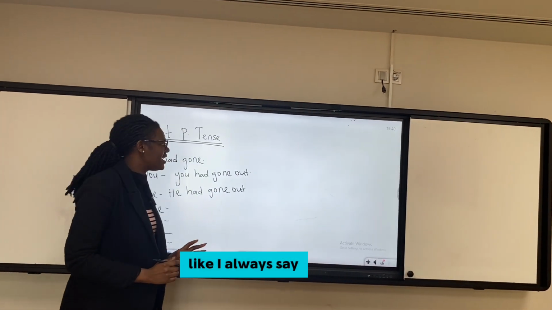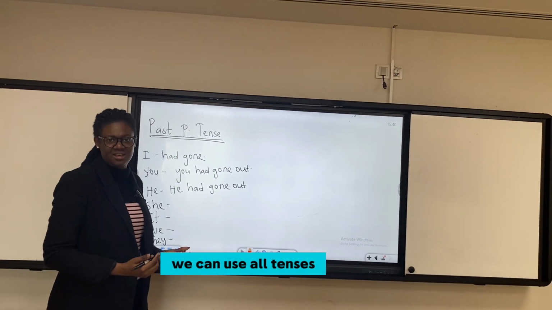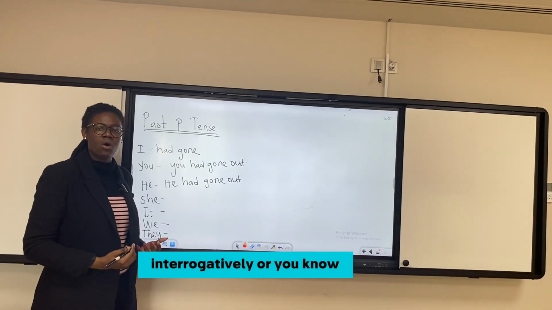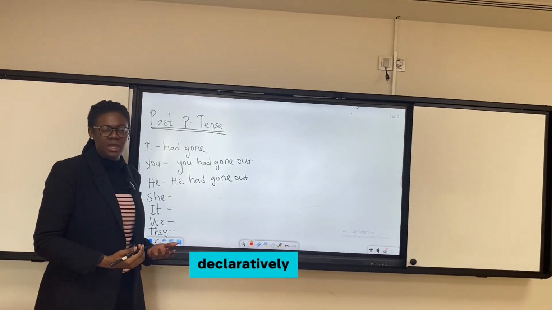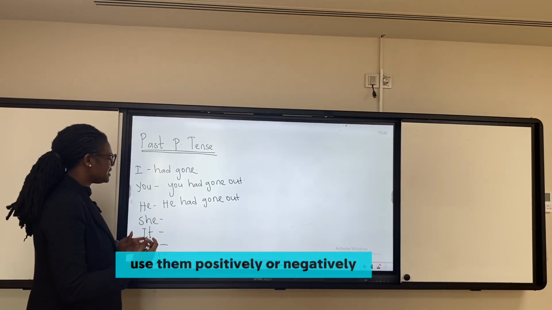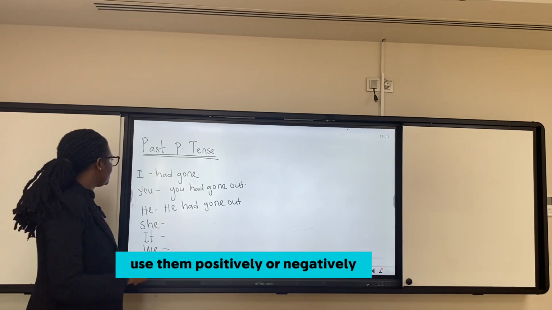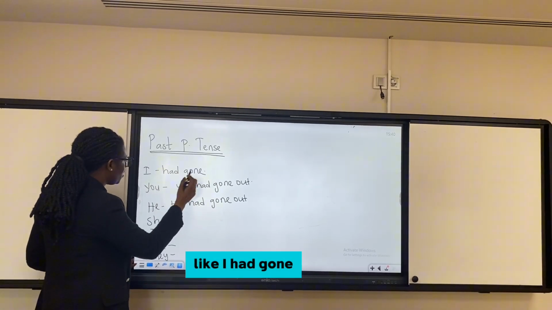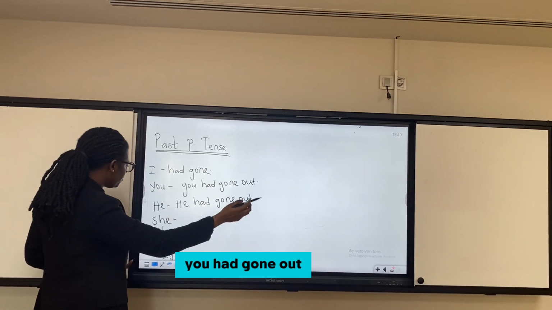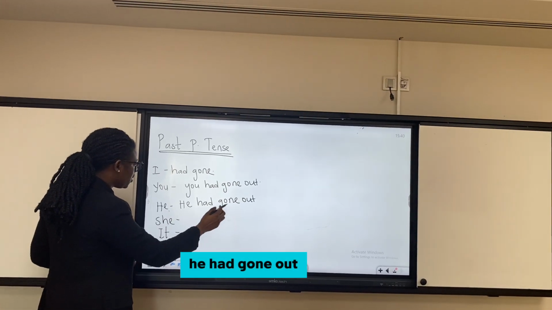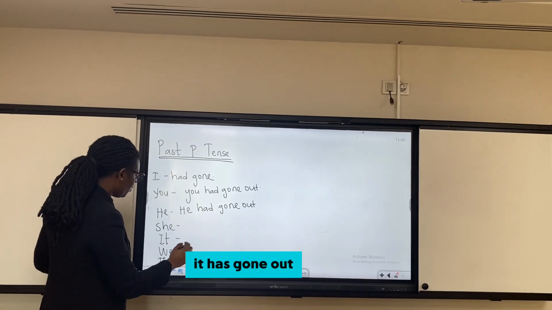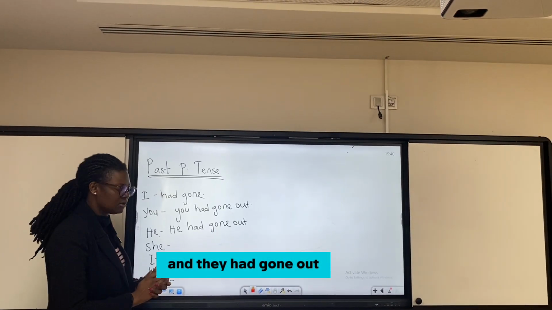Like I always say, we can use all tenses positively or negatively, interrogatively or declaratively. I had gone, you had gone out, he had gone out, she had gone out, it had gone out, we had gone out, and they had gone out.